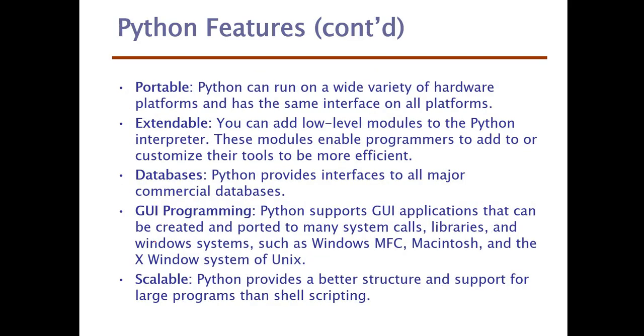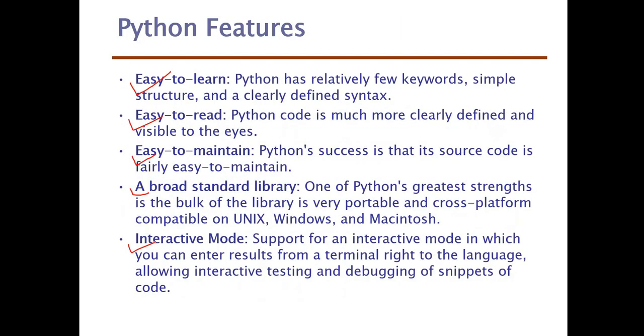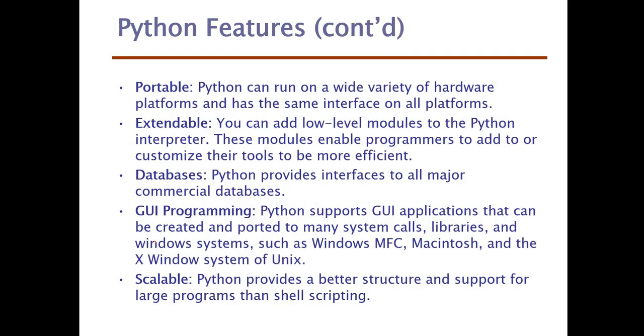If we continue with the Python features, there are many, but on this slide we are talking about only five major features of Python. Apart from this, there are many more features: Python is portable and extendable. It has database support, as Python provides interfaces to all major commercial databases.